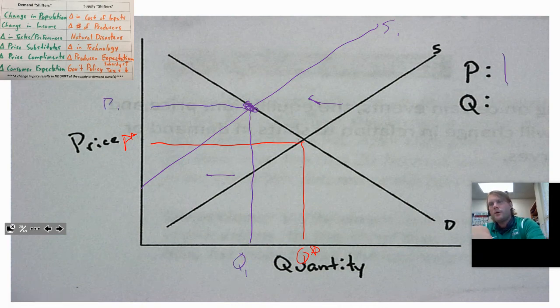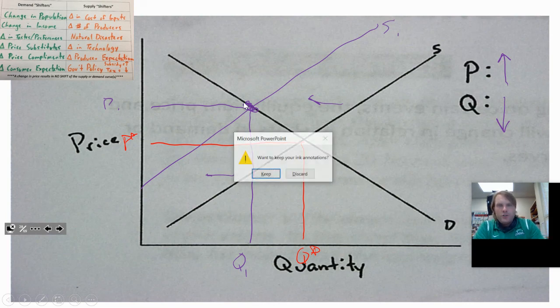Our price has gone up, our quantity has gone down. So think about a natural disaster, right, where we destroy a crop or something. And we say, okay, well, what's going to happen to the price of stuff if a crop gets destroyed? Well, the price is going to go up. And if it gets destroyed, our quantity is going to go down too. And so we kind of prove this common sense, what we already know, with some graphs here based on some simple logic, right? Our laws of demand and supply that we know are true because we went over those the last couple of days.